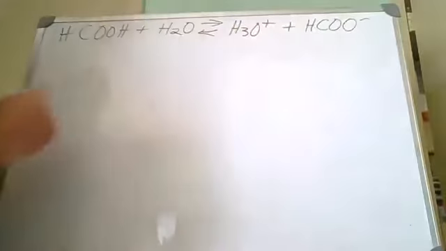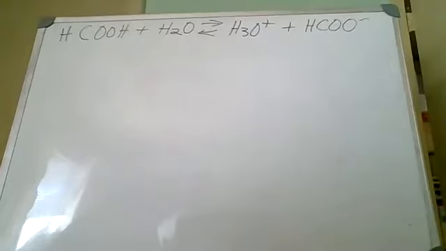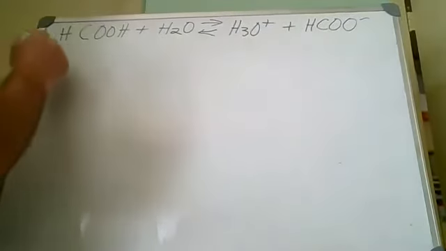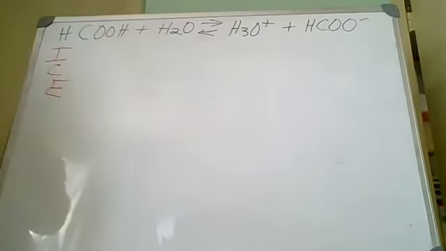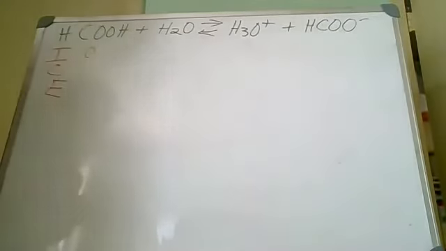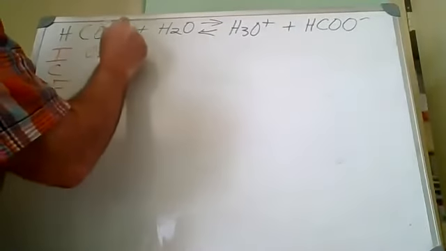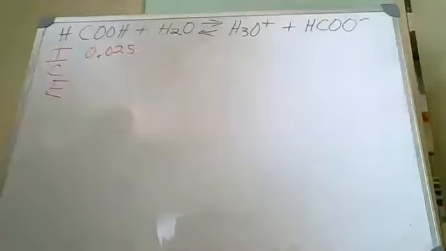Sorry, my mind's kind of frazzled right now. Now, we're going to make an ICE table here. Don't write these numbers in yet. These were the numbers from exercise 1611, but these are going to change.